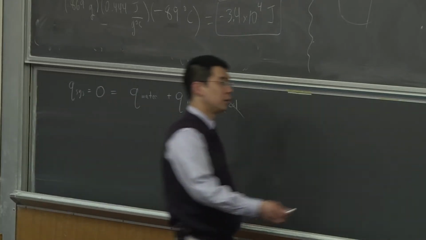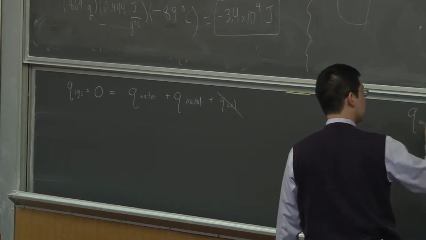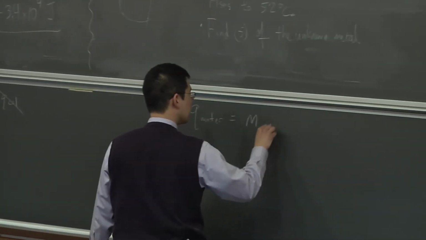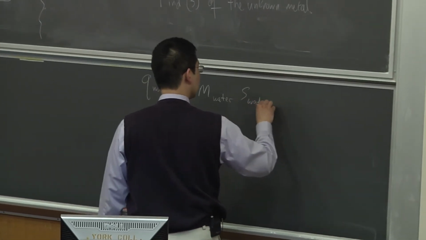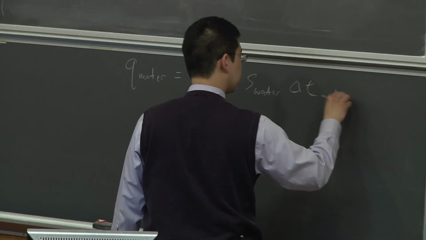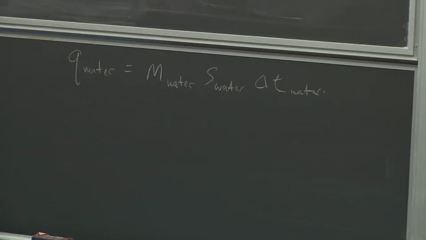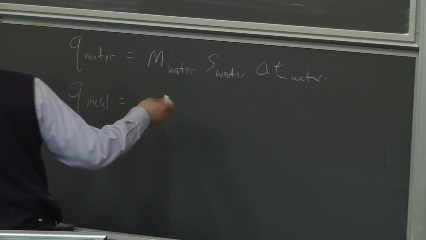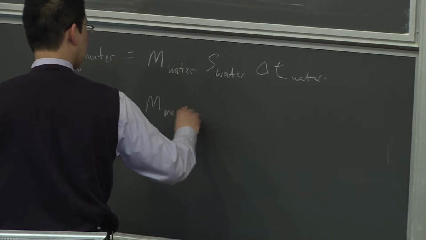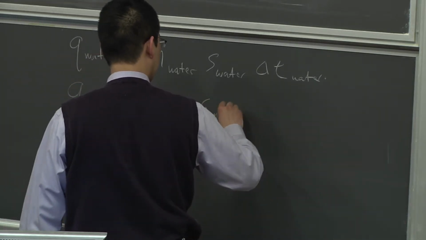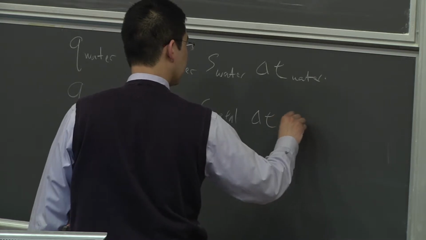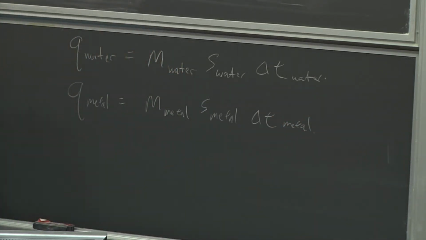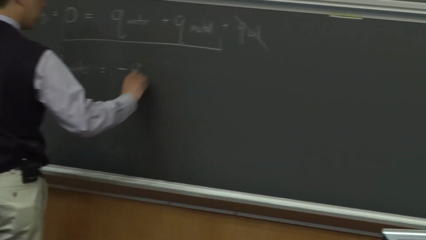So Q of the water equals the mass of the water times S of the water times delta T of the water. What's the Q of the metal? Equals the mass of the metal times the S of the metal times the delta T of the metal. So if we want, we can rearrange this to say Q of water equals negative Q of the metal.